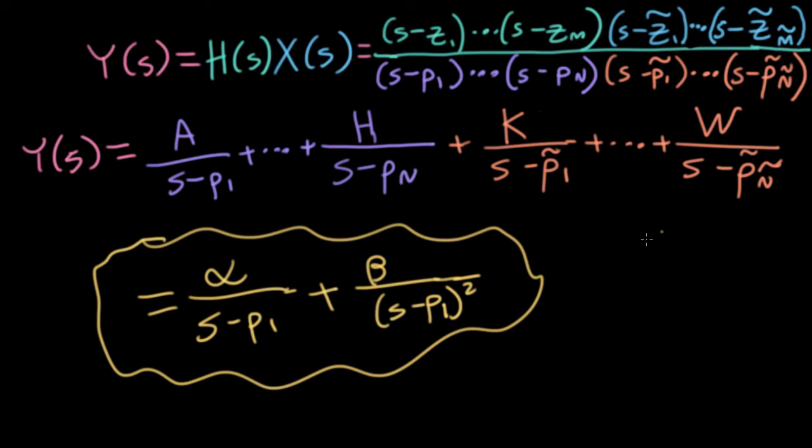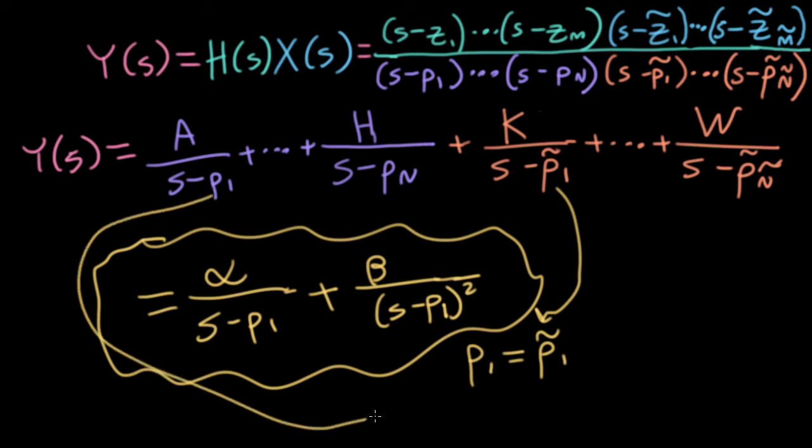It could come from the system function itself having multiple roots in the denominator. Or here's something kind of awkward. What if it turns out that one of my input roots lands in the same spot as one of the system roots? Okay, so now when I do the partial fraction expansion, I'll have multiple roots and I have to deal with it, and they're coming from these hybrid sources.